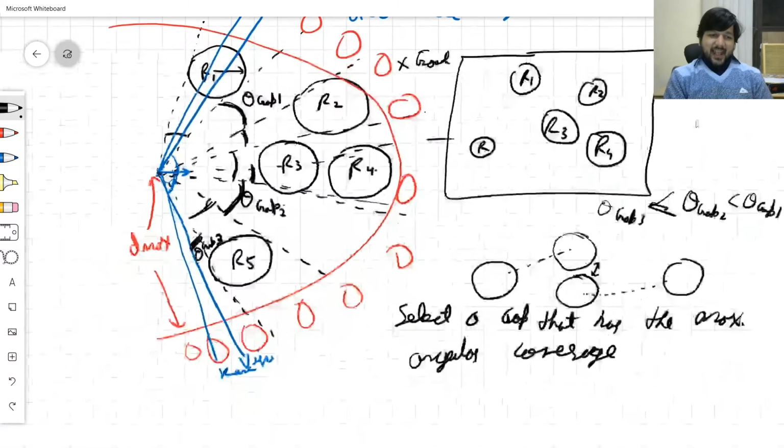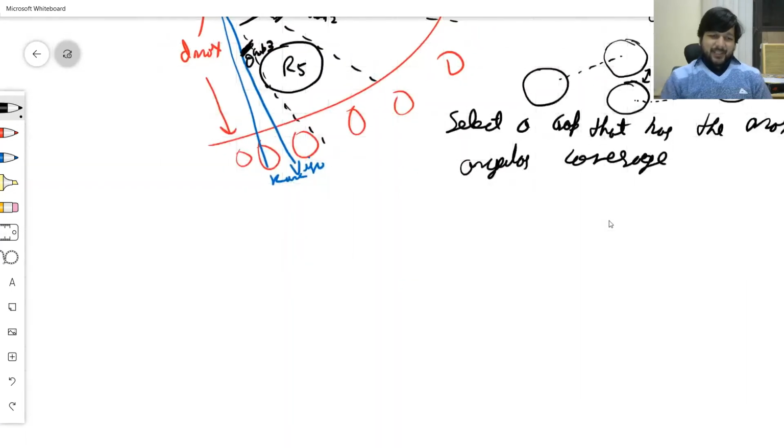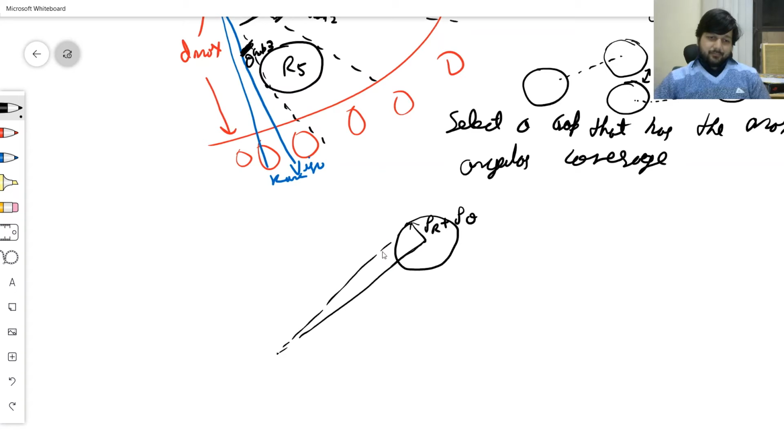And I haven't really covered it up, but how I find out the different gaps is, let's consider just one obstacle with a radius of rho O, and the radius of the robot, rho r. So that's the tangent, that's the angle that I need to find out.